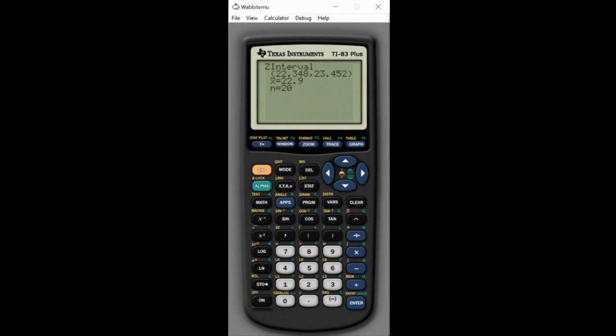My interval is telling me 22.348 and 23.452. So I'm going to write that down: 22.348 and 23.452. If I come back to my notes, there we go.